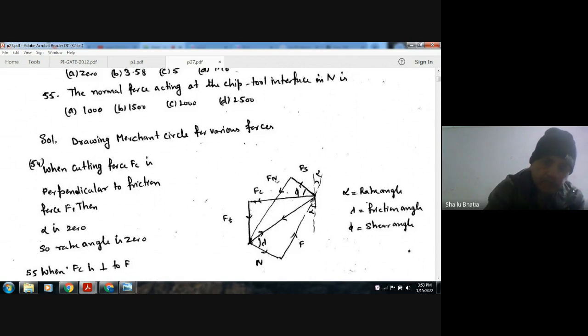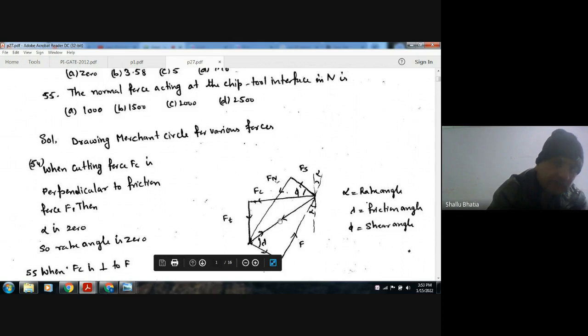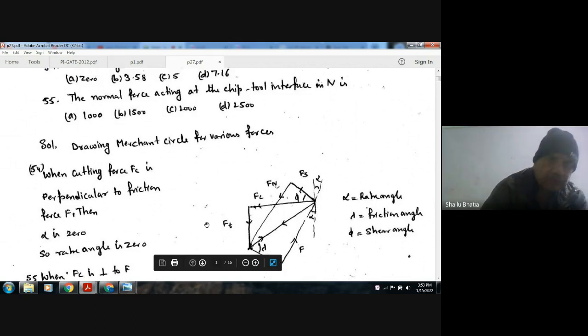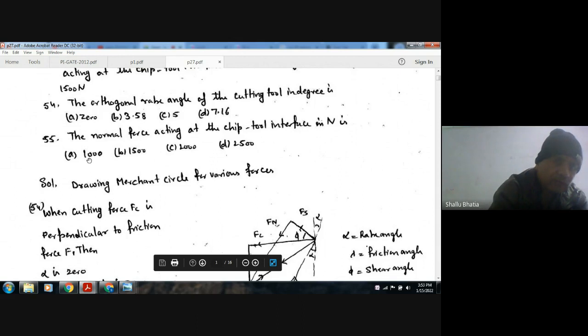This will remain the same in all cases. This is the resultant of Fc and Ft, or Fn and Fs, F and N. So alpha will be 0, and the answer for question number 54 is 0.